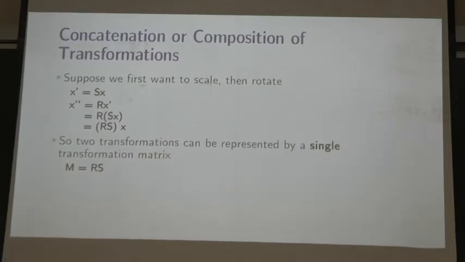And in fact, your question about computational complexity, isn't it more computationally complex? Well, 3 by 3 matrices multiply very fast together. When you want to apply it to the image, you have to apply it on every pixel and figure out where that pixel is going, right? So if I had two transformations, I first applied the first one on the image and then applied the second one on the image, I'm doing twice the work. Instead, because matrix multiplication is associative, I'll just first multiply the matrices together.